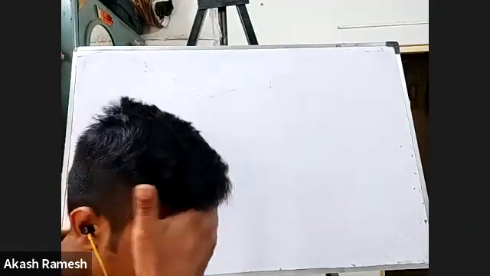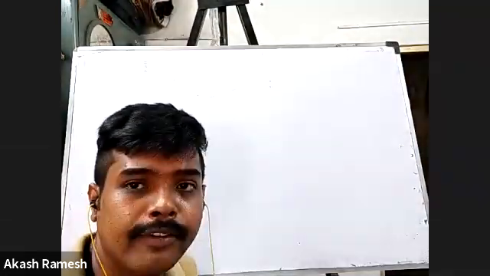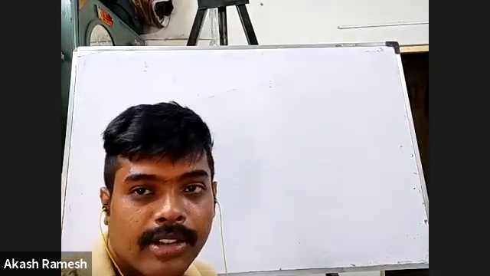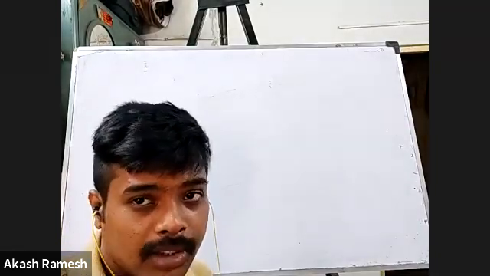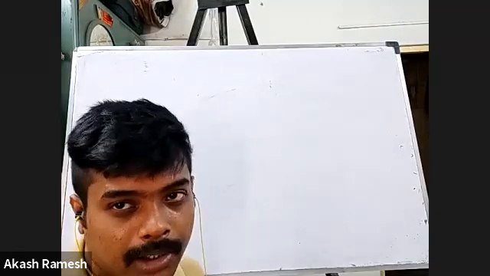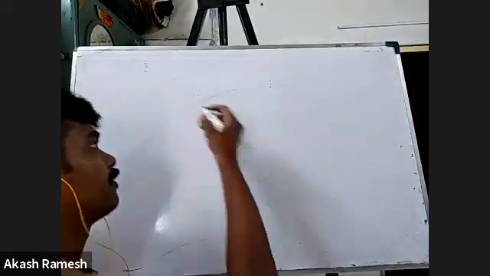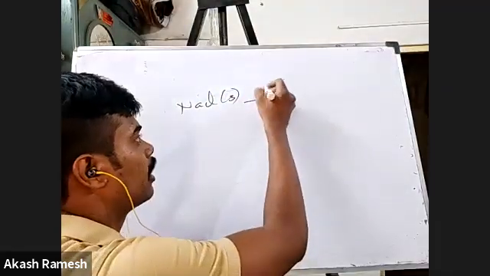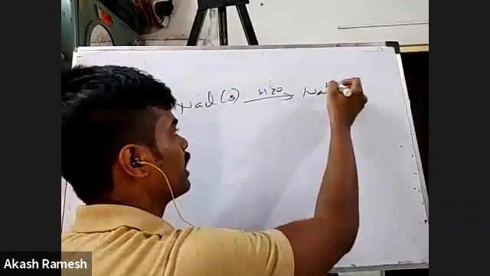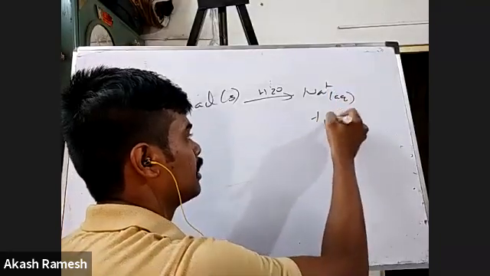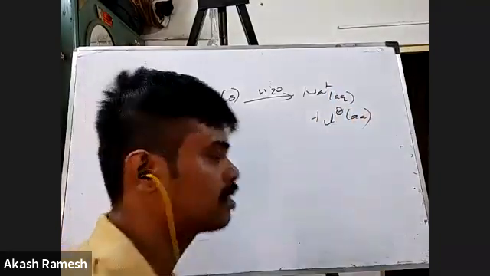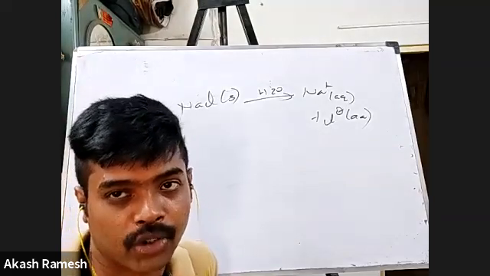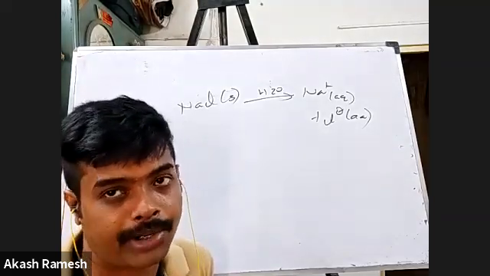So assume that I have NaCl, sodium chloride, right? So this sodium chloride is dissolved in water. What is going to happen if I have NaCl in solid? If I add it in water, I know I'm going to form Na+ aqueous plus Cl- aqueous, right? So the sodium ion and the chloride ion are getting produced once you dissolve them in water, right?